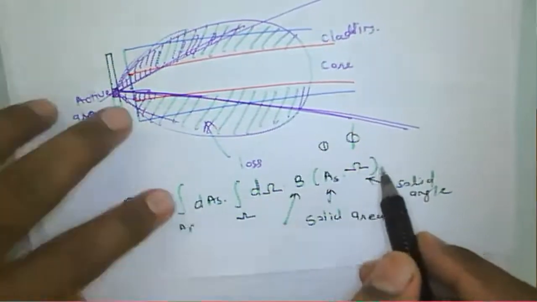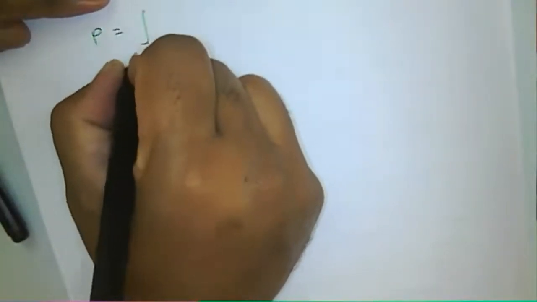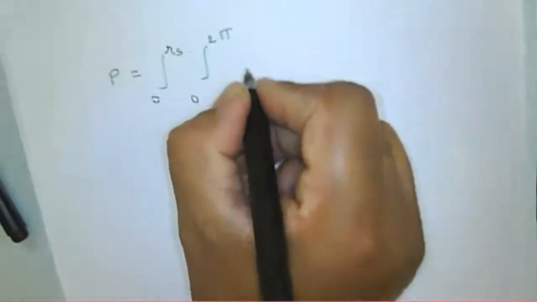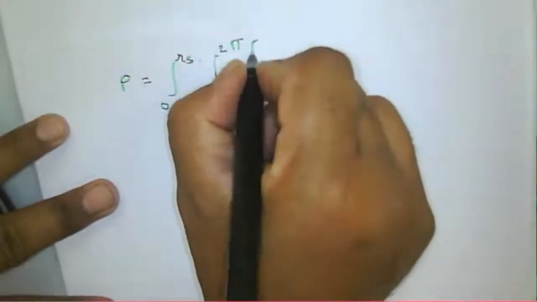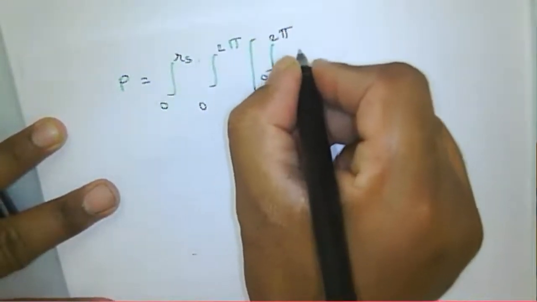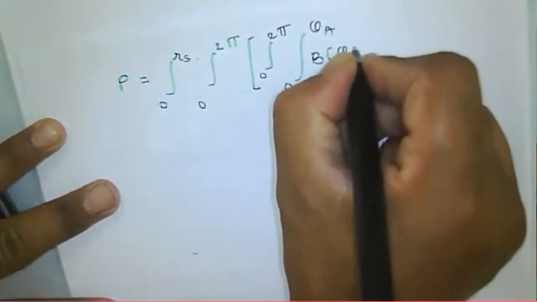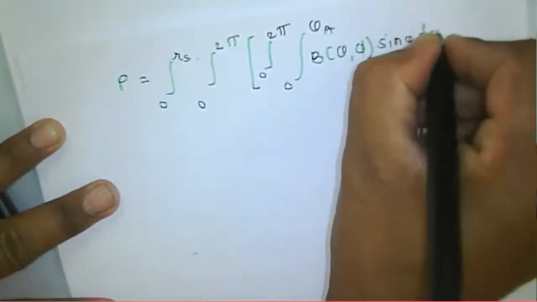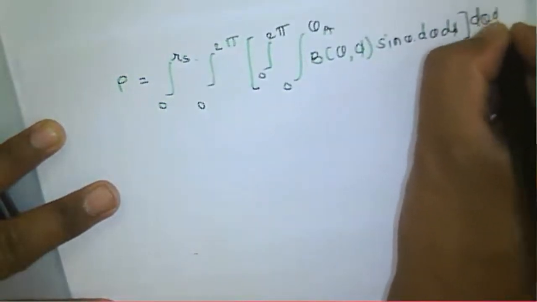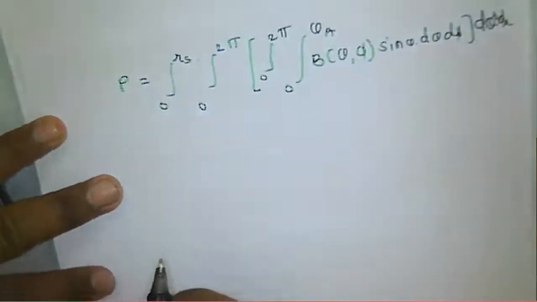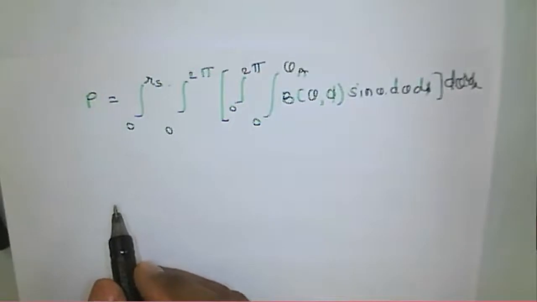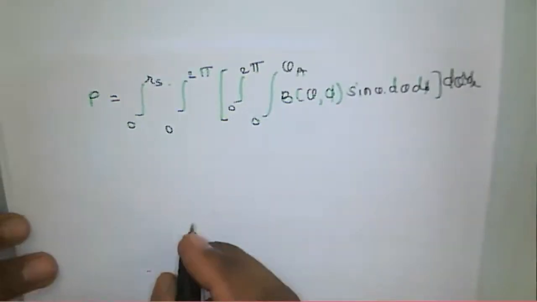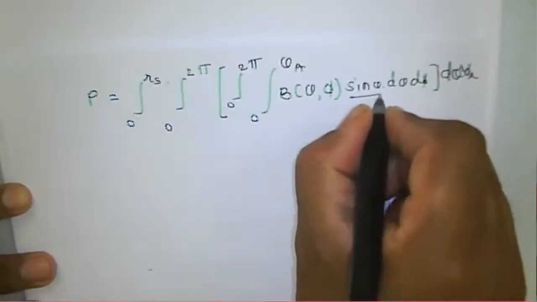Then we get the power P equal to the integral from 0 to r_s, 0 to 2 pi, and 0 to theta_a of B(theta, phi) sine theta d theta d phi, r dr. You know that this is what we have written in spherical coordinates.